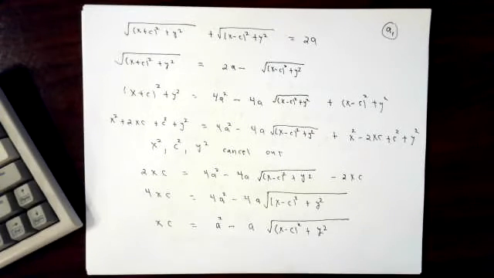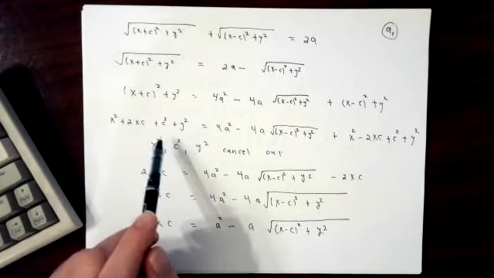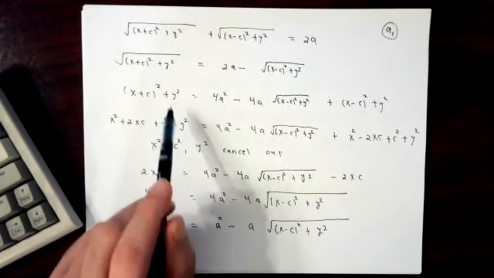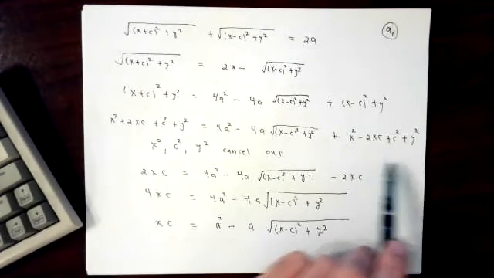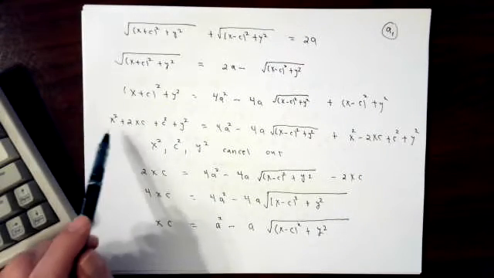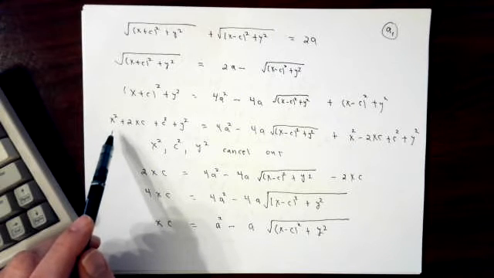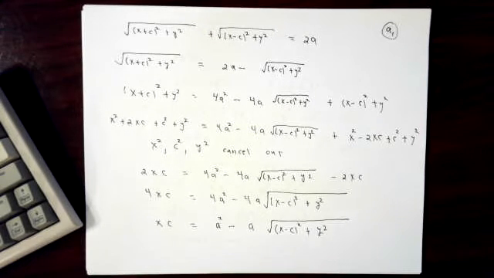Multiply everything out. X plus c squared is x squared plus 2xc plus c squared, and then I have my y squared. X minus c squared is found in a similar way. And if you notice, there's a term over here of x squared, and there's a term over here of x squared.